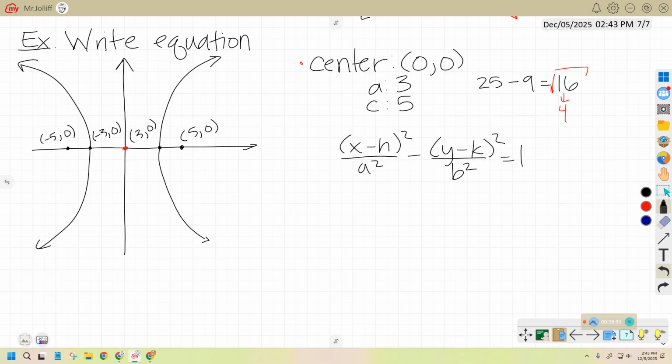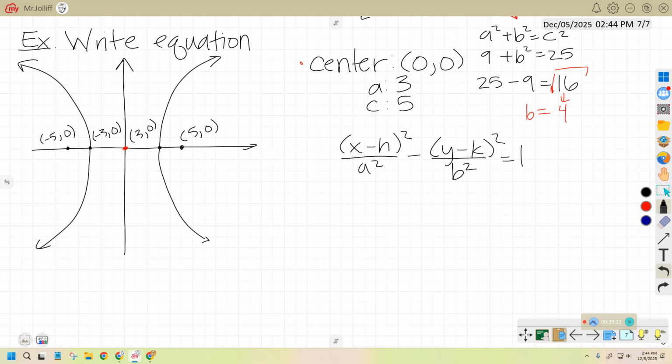So for those who didn't do the math in their head, remember A, B, and C follow the Pythagorean theorem. A squared plus B squared equals C squared. So 9 plus B squared equals 25. That's where that math came from. Subtract the 9 from both sides, which is where the 16 came from. Square root of 16 is 4. Very good. That's the last thing that we needed.